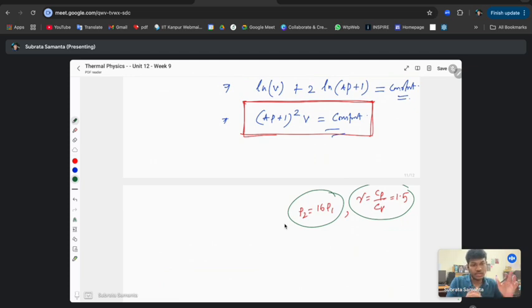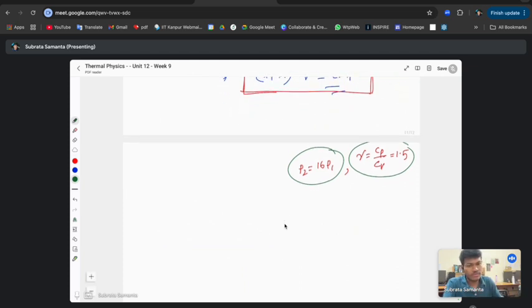This is given, and you have to calculate the compression ratio. First of all, what is the Otto cycle, or Otto engine? You know about the Otto engines? Let's first discuss briefly the Otto cycle.